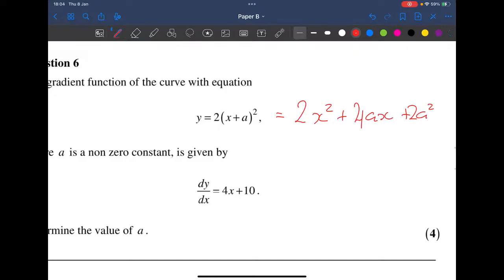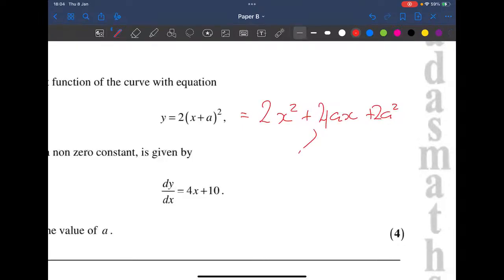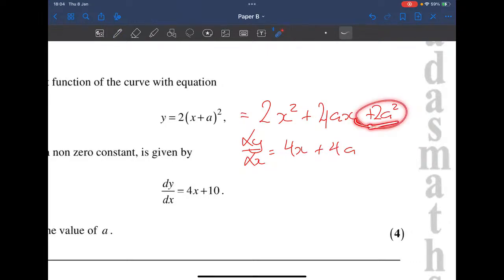And now we need to differentiate it. So doing that, what are we going to get? The 2x squared will become 4x, which is nice. That's matching up with what we've got down here. Our 4ax is going to be 4 lots of a, and our 2a squared is going to disappear. It's a constant, so it has no rate of change.